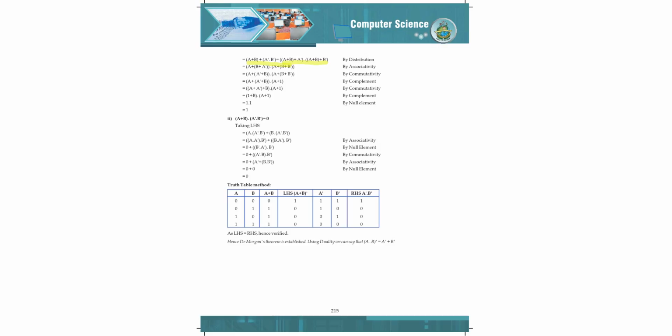Now when you solve this, you write a plus b, okay, plus a bar, and here a bar plus b bar, by distributive theorem. You can write the LHS by distributive theorem. This comes to this. Now use the associative theorem, and then it comes to this.